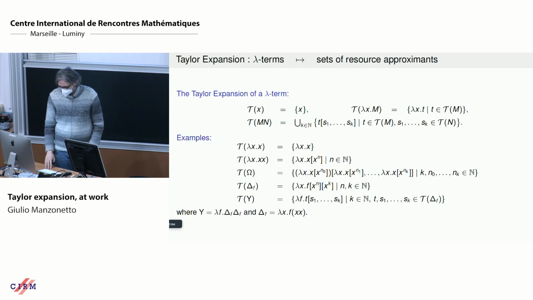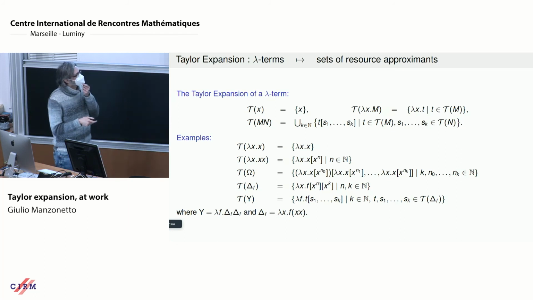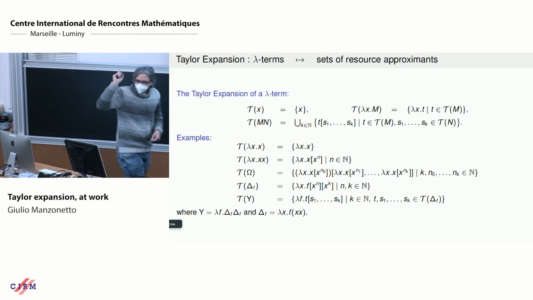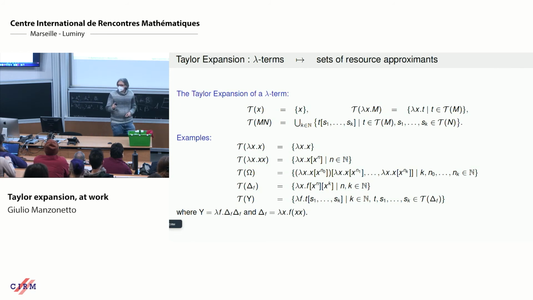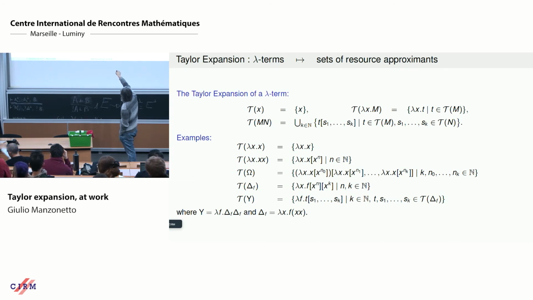So now these are some examples. We are not going to see them in detail, but the Taylor expansion is an inductive definition. And so look that the resource approximants have the same shape as the original term. If the original term is a lambda abstraction, it will be a lambda abstraction.